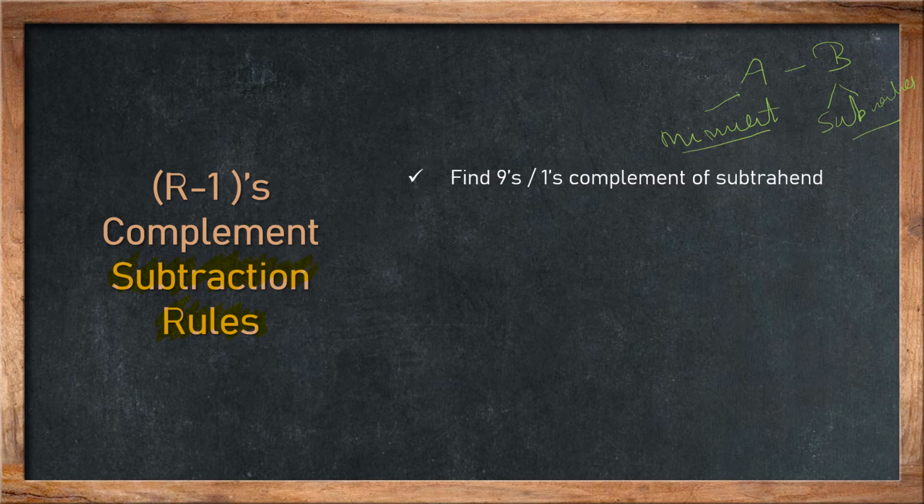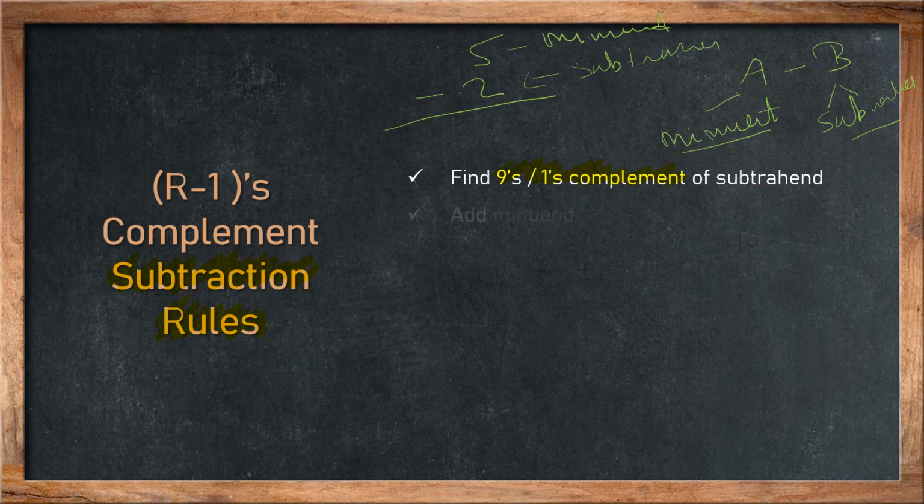If I say perform 5 minus 2, then 2 is the subtrahend and 5 is the minuend. So the very first step is to find the nines complement or ones complement of the given subtrahend. How to do that, we will learn.